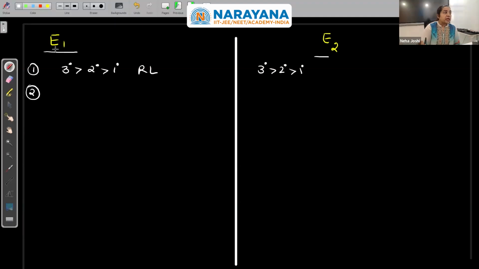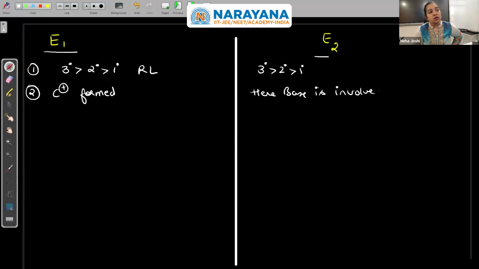Second, in E1, C plus is formed. So there is no involvement of the base in E1. Here, base is involved in elimination. So what impact does that have? What does that change about the question?